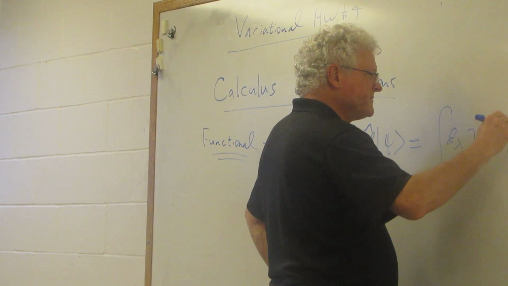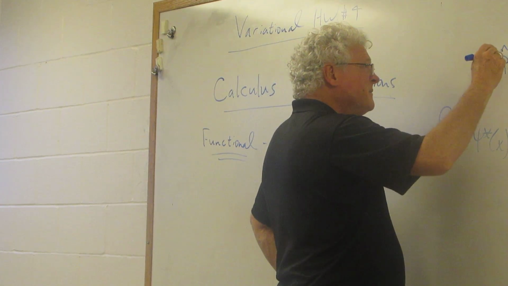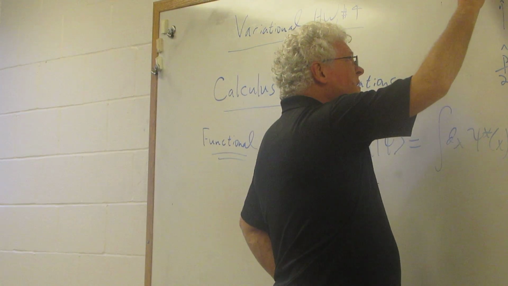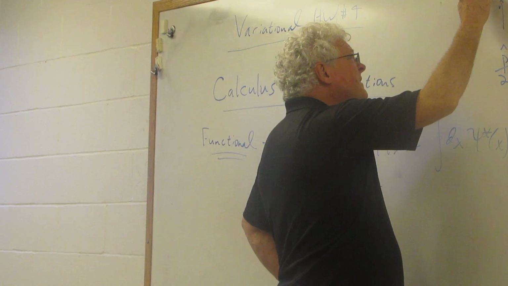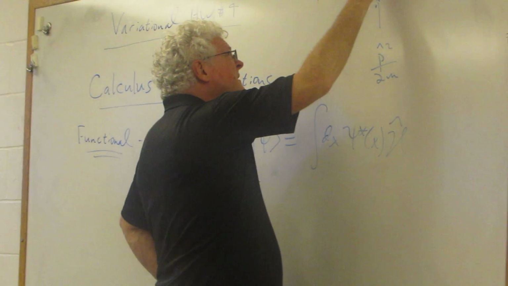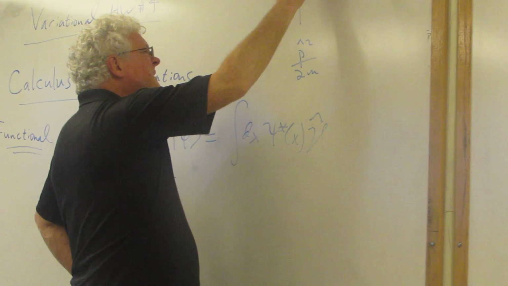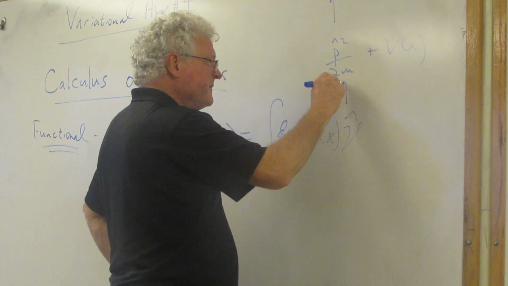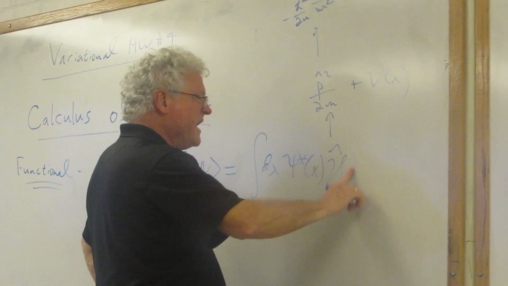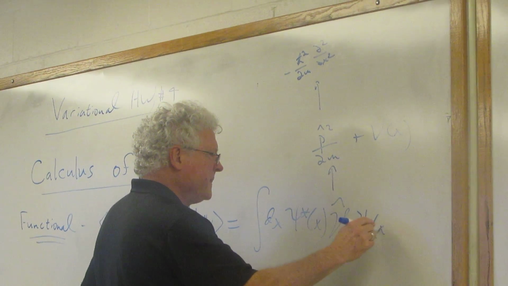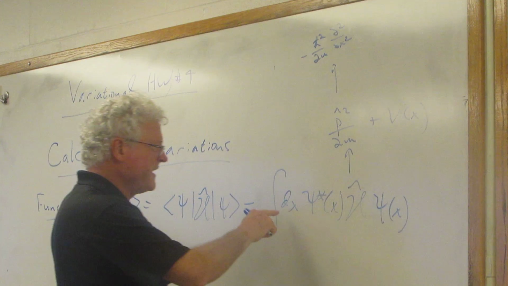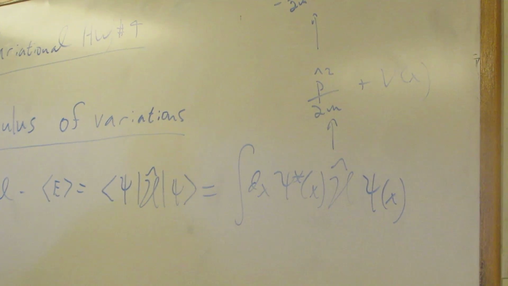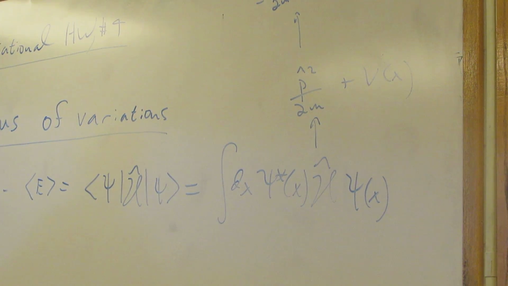And remember that this would include both the p squared over 2m, which of course is minus h bar squared, plus the potential energy term, so that would be the Hamiltonian operator operating on psi, and then you're integrating with respect to x. Sometimes I put the dx at the beginning, or in quantum, a lot of times we put it at the beginning.